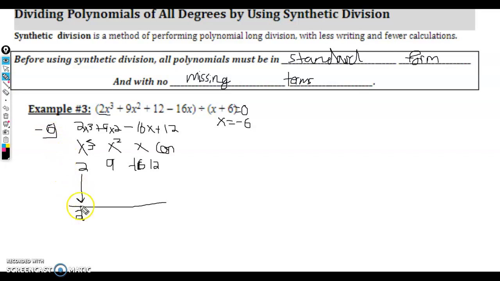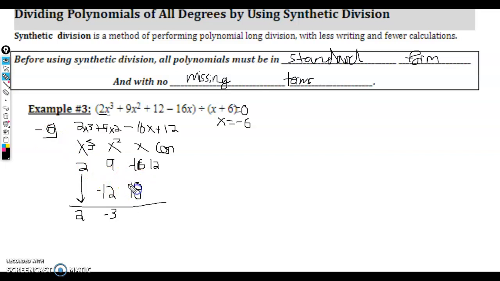What makes this number magical is the only way to get this positive 2 back above the line is multiplied by its negative number. So I'm going to get a negative 12. Then I add down, 9 minus 12 is negative 3. I multiply it by the negative 6. I get 18.